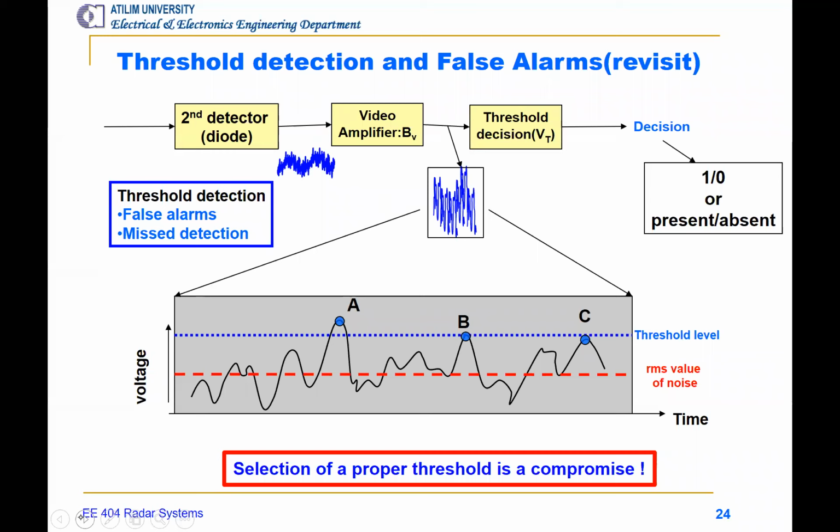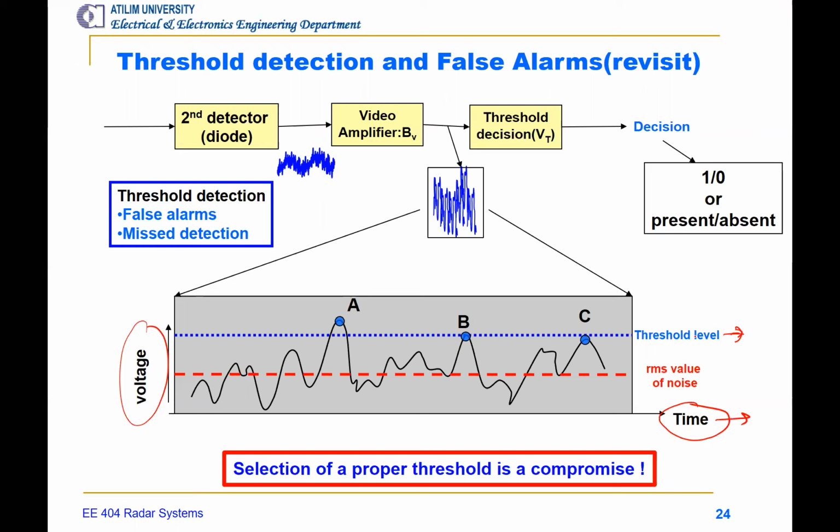Here we have a received signal over time and the voltage, and we have a threshold where we measure the sample echo signal and compare it with the threshold. If it is less than this threshold, we report that it's noise.